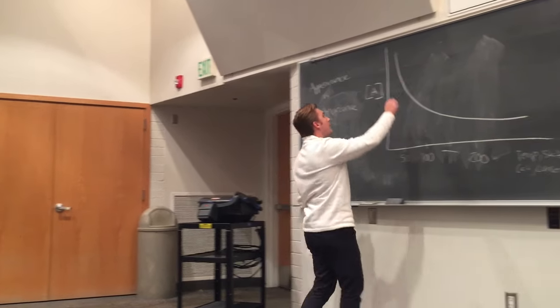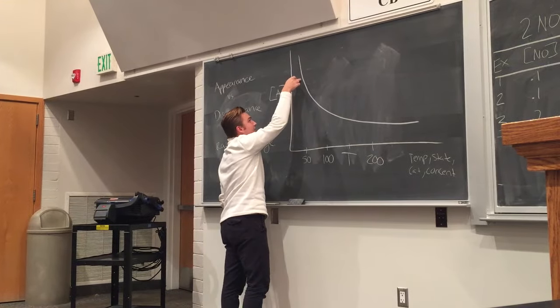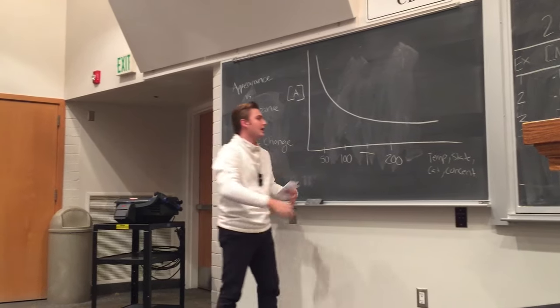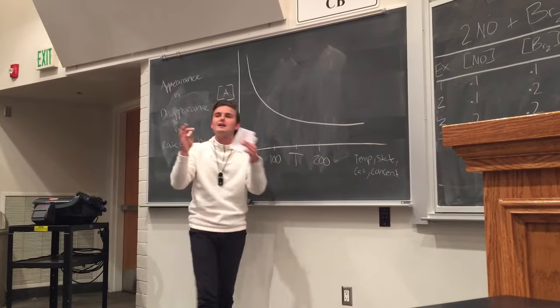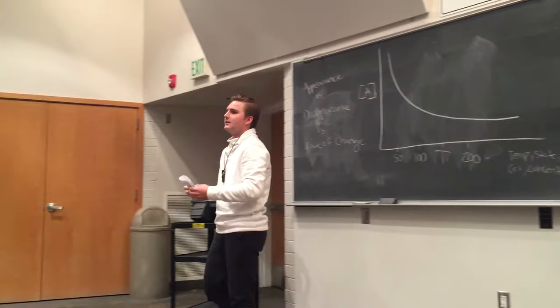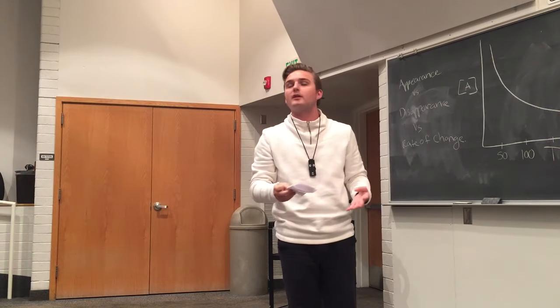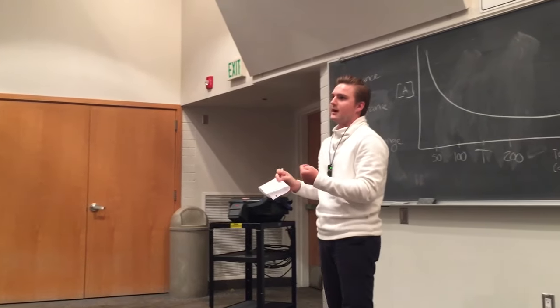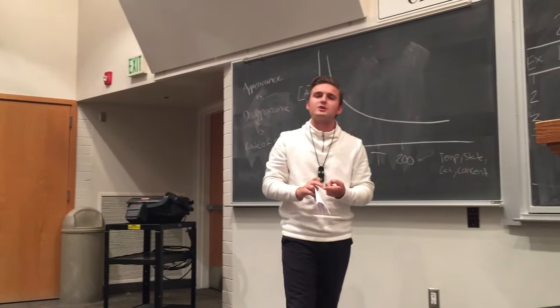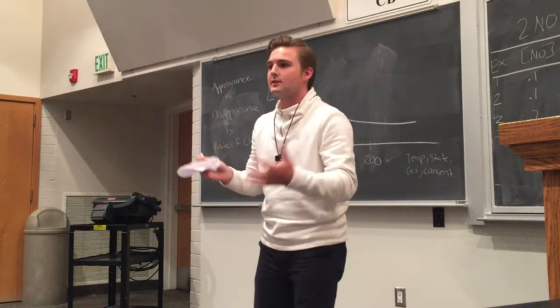So for instance, up here where the slope is pretty steep, the reaction is happening quicker than it is down here. And if we try to conceptualize something like that, let's think about some of these lists that you're supposed to know for the test, like the 4 things that affect reaction rates, right? We have temperature. As temperature increases, we can increase our reaction rate.